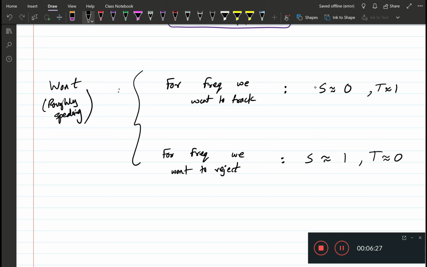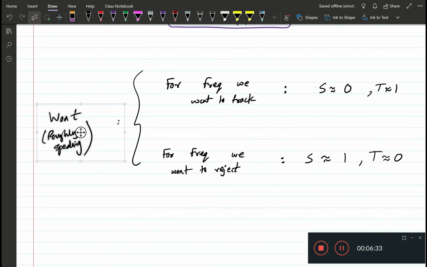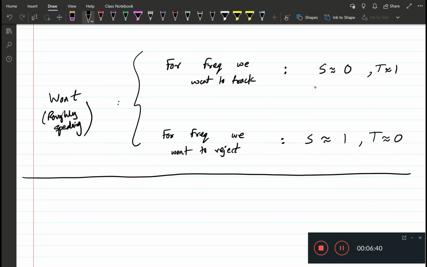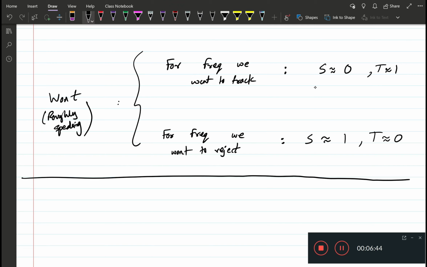So this is what we roughly want, and let's see how increasing the gain now shows us a trade-off between these two goals that we desire.